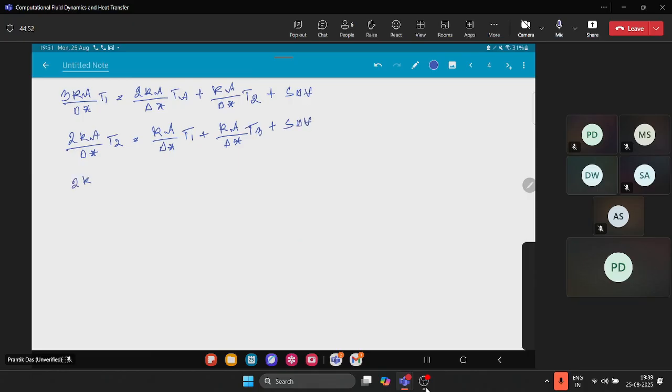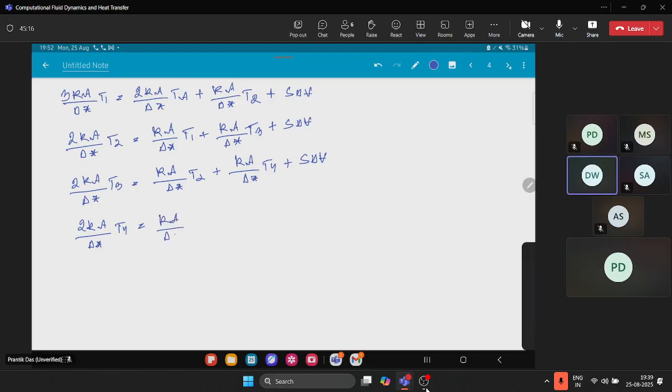Then 2k by delta x T3 is equal to k by delta x T2 plus k by delta x T4 plus s delta v. 2k by delta x T4 equals k by delta x T3 plus k by delta x T5.